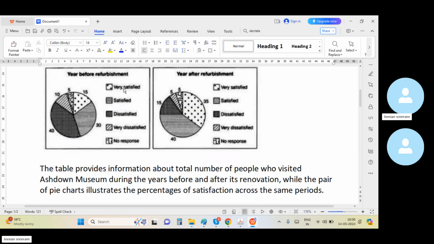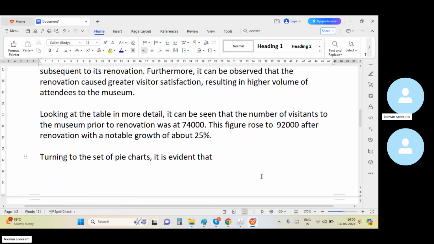So let's talk about very satisfied. The percentage of the visitors who were very satisfied had changed from before renovation to after renovation. Let's see. It is evident that the percentage of visitors who were very satisfied.